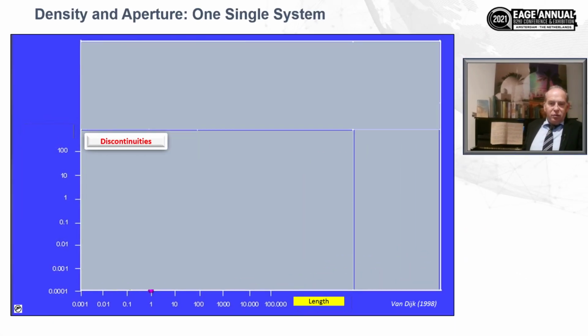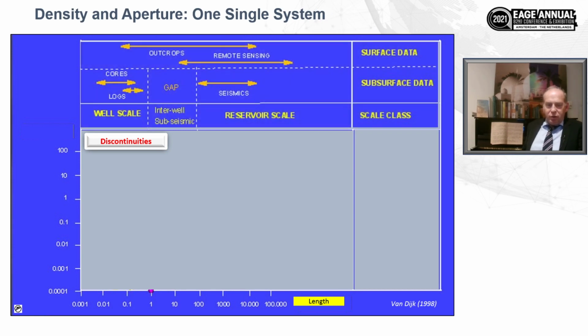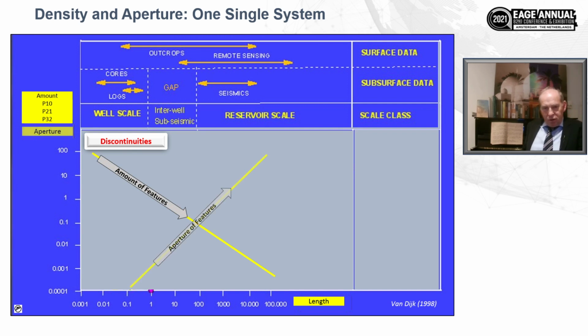This diagram describes the relationship between the different features observed over the different scale ranges in terms of length, plotted on the horizontal axis, and size or aperture, plotted on the vertical axis. The amount of features observed rapidly decreases, whereas the aperture of the features rapidly increases.